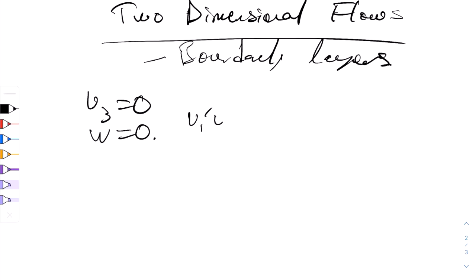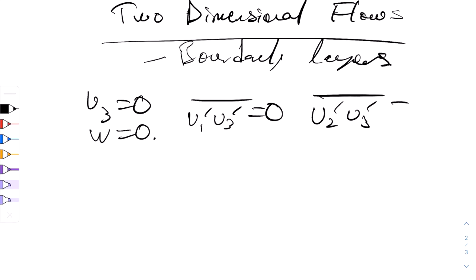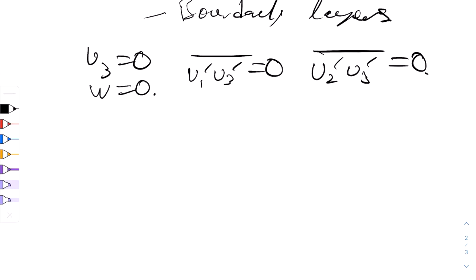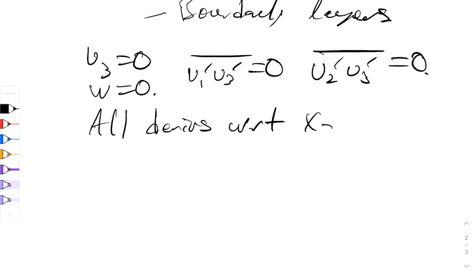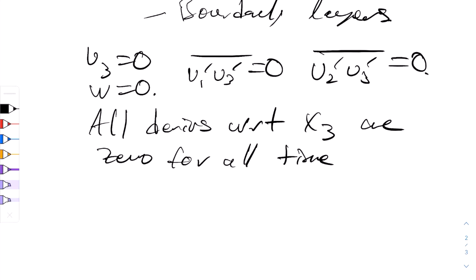Also, u_1' u_3' bar is 0, and u_2' u_3' bar is 0, because u_3' with its correlations will be 0. We'll also know that all derivatives with respect to x_3 are 0 for all time-averaged quantities.